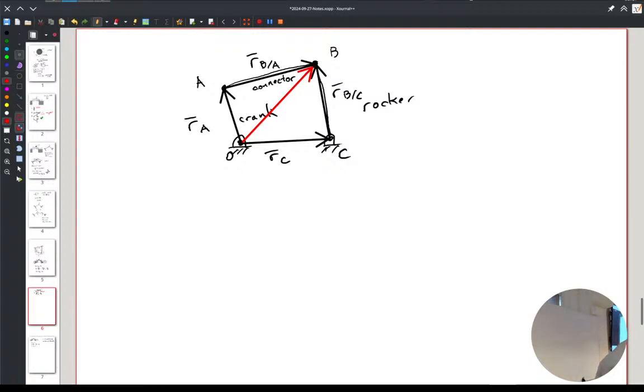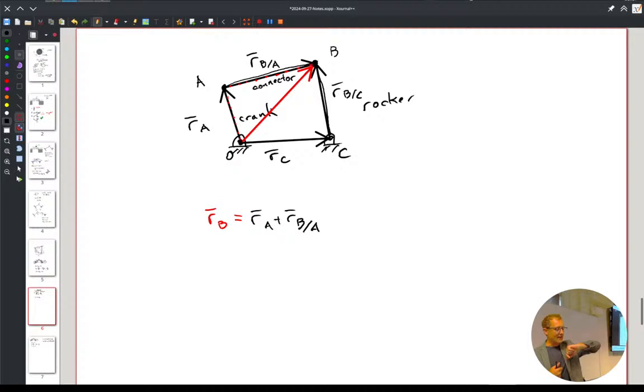What I could say is that RB is, if I move up along RA and then out along RBA, so I could make the statement that to get to point B, I have to go up along the crank and then along the connector.